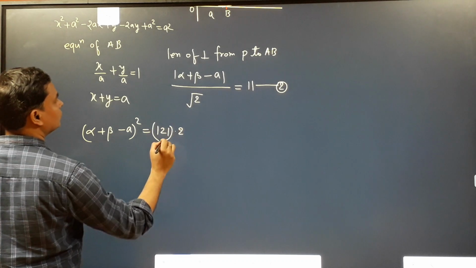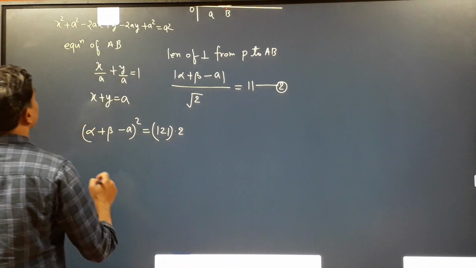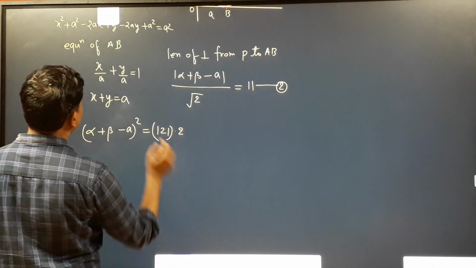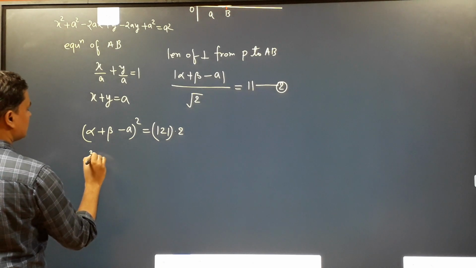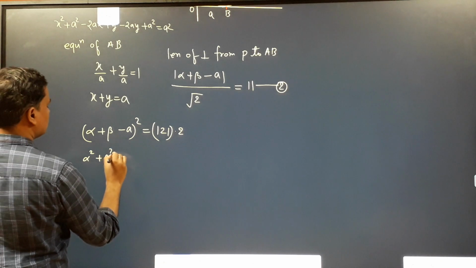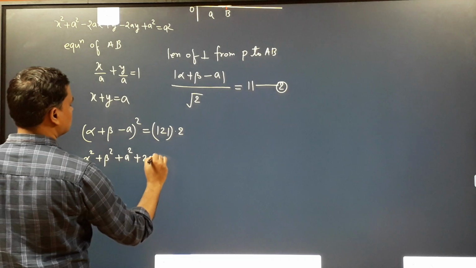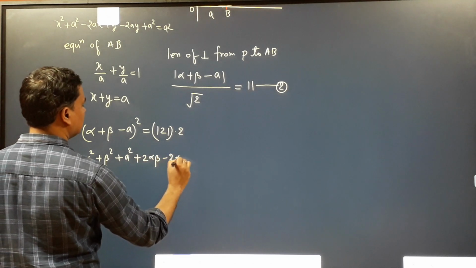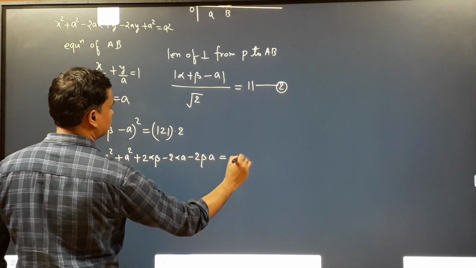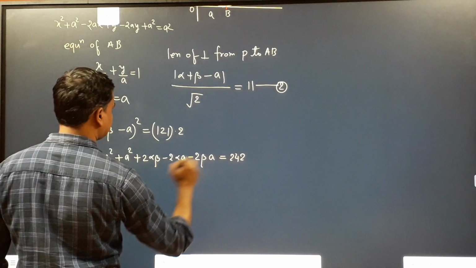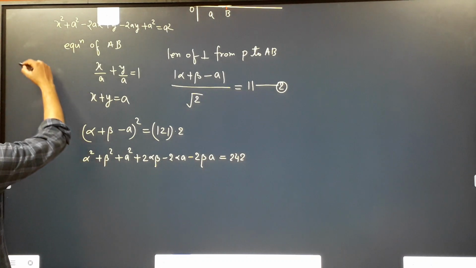Now first of all let me expand this: alpha square plus beta square plus A square plus 2 alpha beta minus 2 alpha A minus 2 beta A, and that is equal to 242.